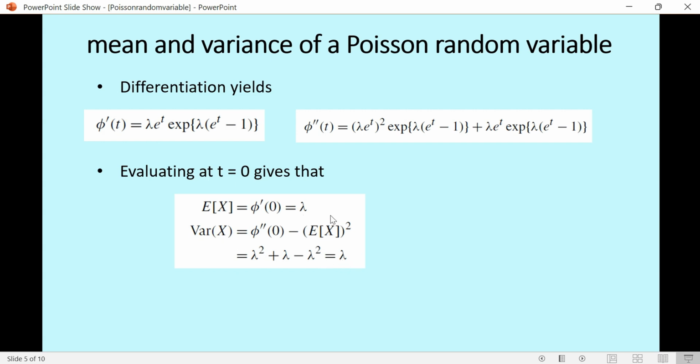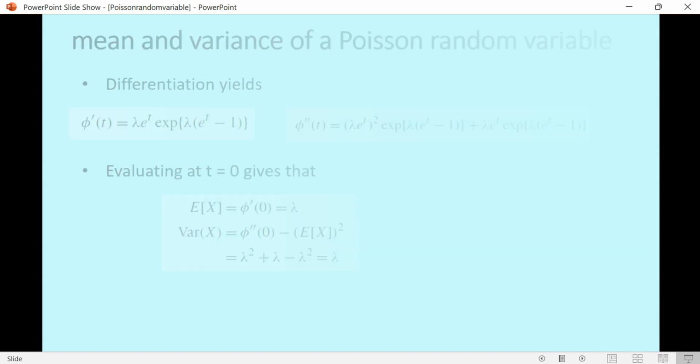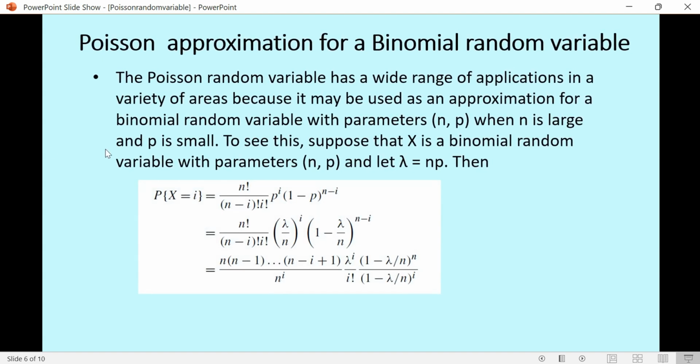So the Poisson random variable is very interesting. Both mean and variance have the same parameter, so there is only one parameter in this distribution. The Poisson random variable has a wide range of applications. One application is that we can use a Poisson random variable to approximate a binomial random variable with n and p.